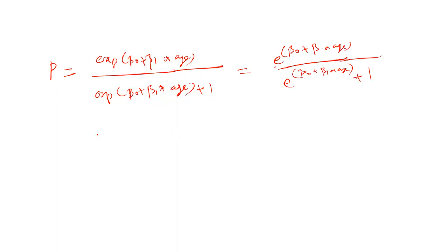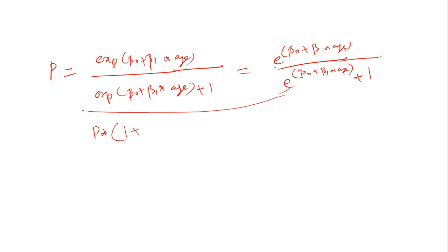Okay, wow. And then to simplify this, what we will do is, if I bring this to the left side, p into 1 plus இதை வந்து இந்த பக்கம் எடுத்து வந்தா என்ன ஆகும்?